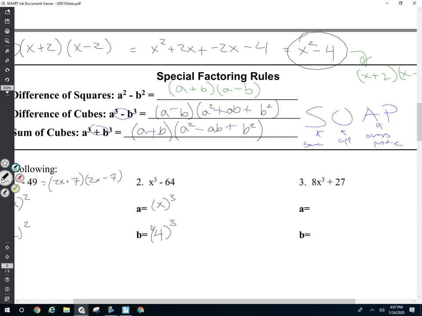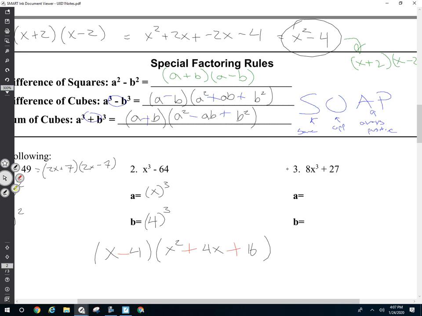Okay, it's good to be excited about math. Ready? This is my A, this is my B. A, B, A squared, AB, B squared. Same, opposite, always positive. If we distributed that, we'd get x cubed minus 64.